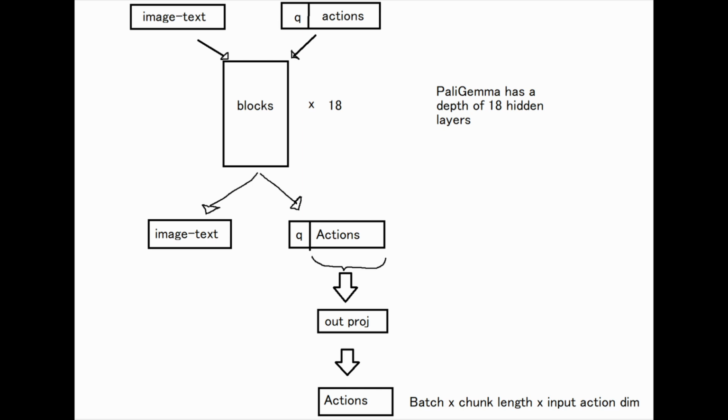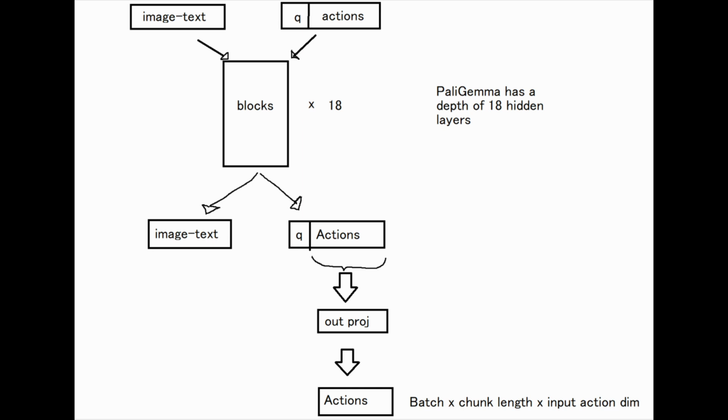The model outputs a vector field, which is regressed onto the true vector field for that noisy action and time step tau. During inference, the model takes in all the same observational inputs, but now there is no ground truth action. The action chunk is pure Gaussian noise, and this noise is integrated over 10 integration steps using Euler integration, and that takes the action chunk from pure noise to clean data.